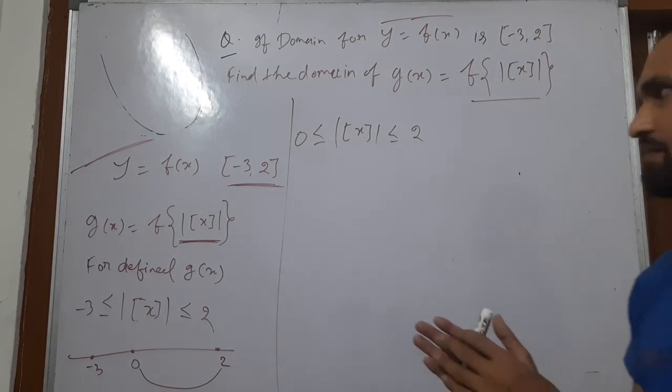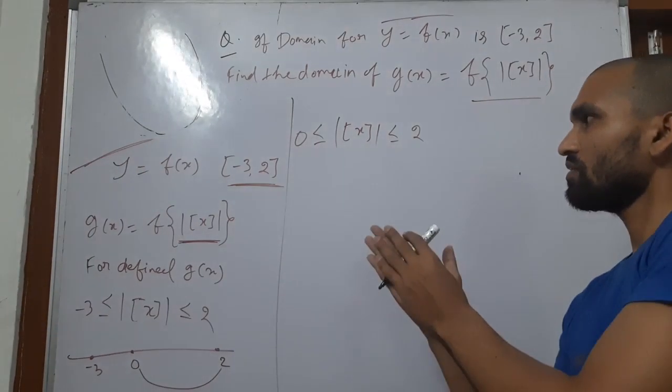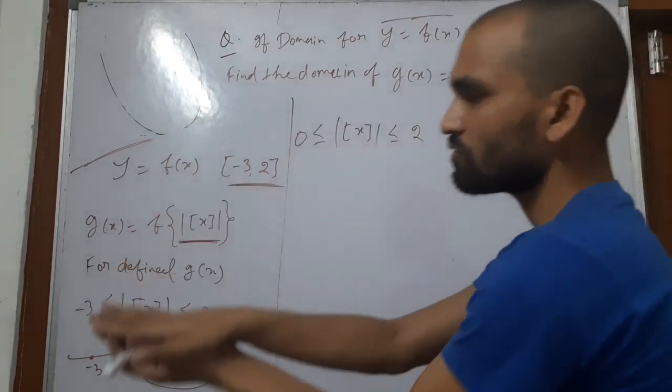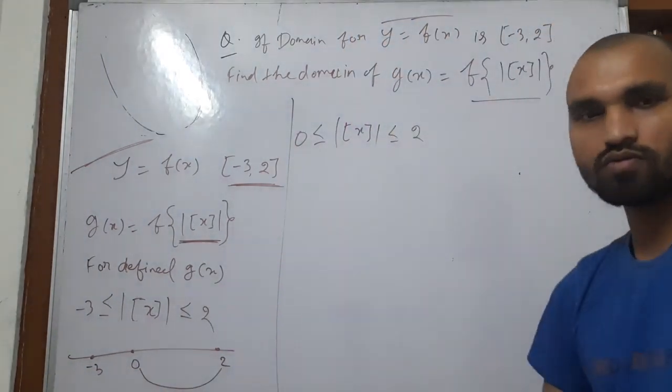If we go from 0 to minus 2, then here the mod will also go from 0 to 2.